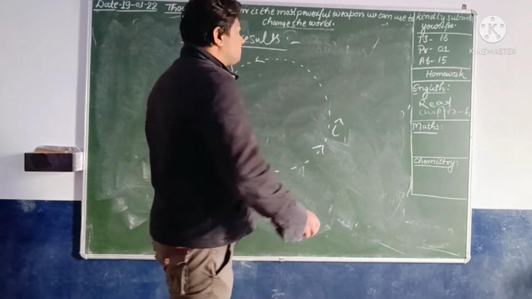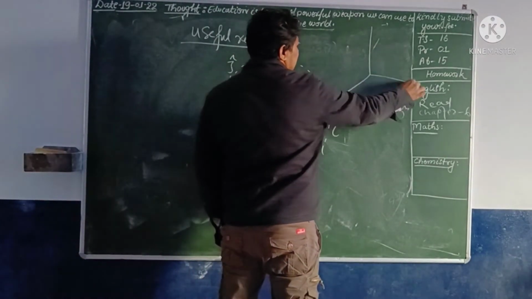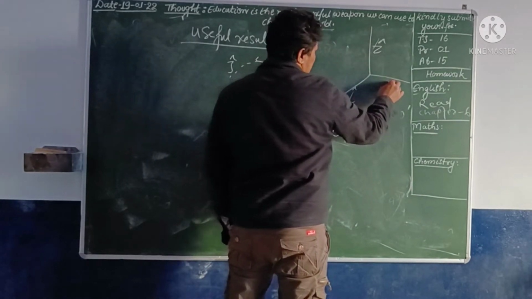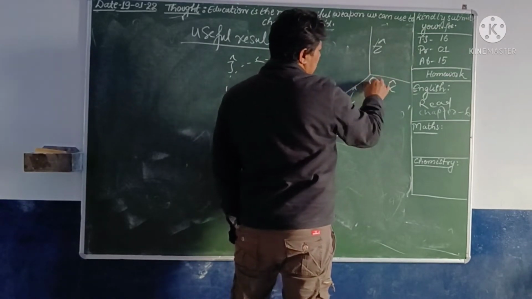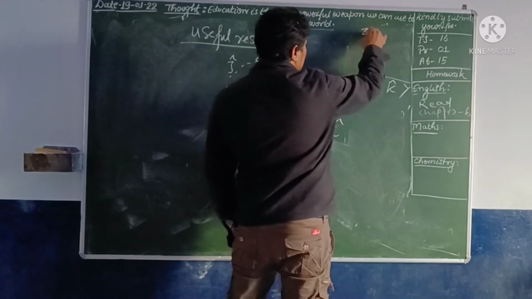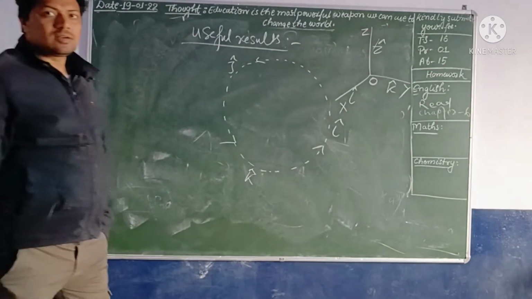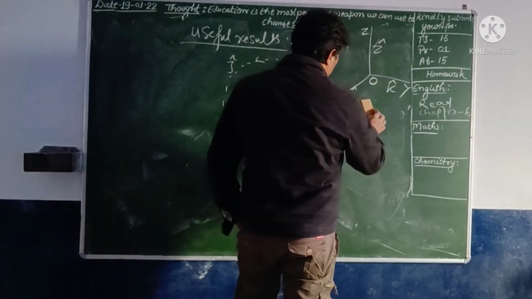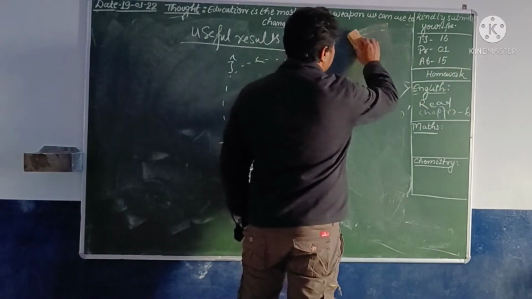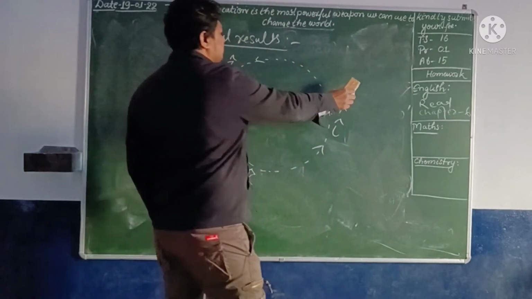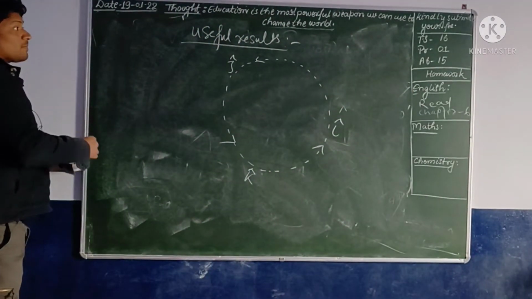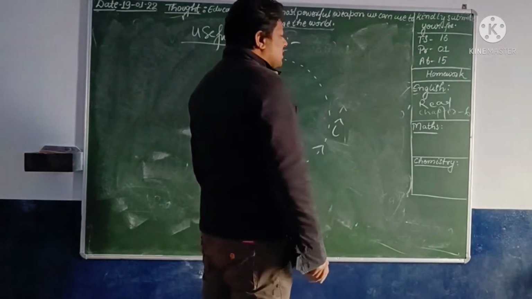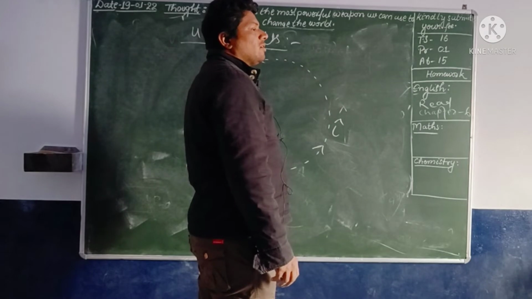As I told, if you can draw the axis, you will get J cap, I cap and K cap. Y, X. Clear? So they are mutually perpendicular to each other.